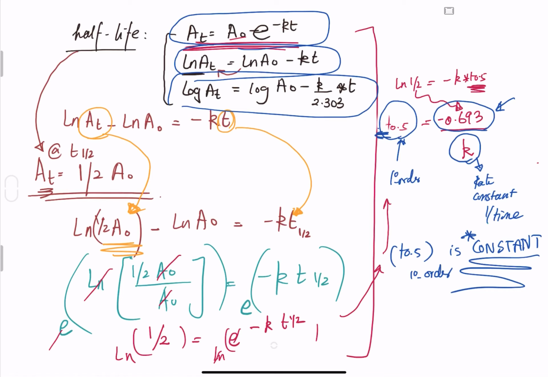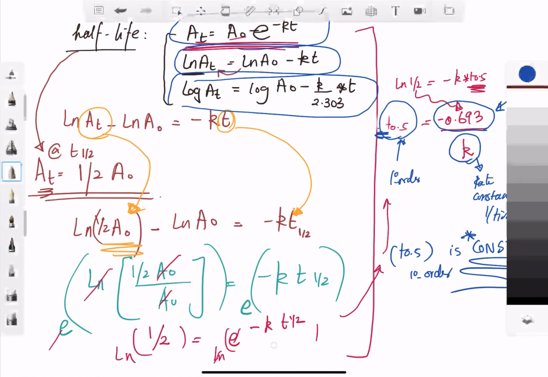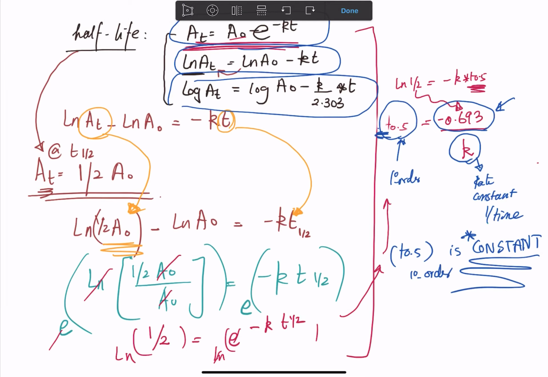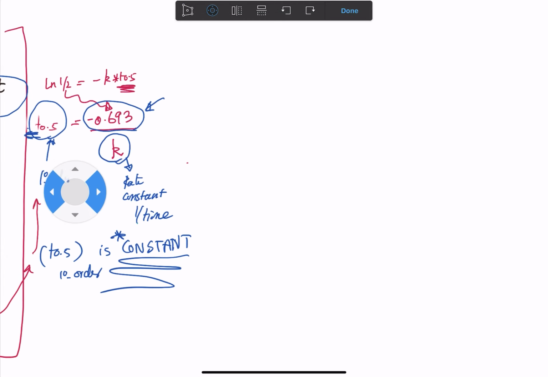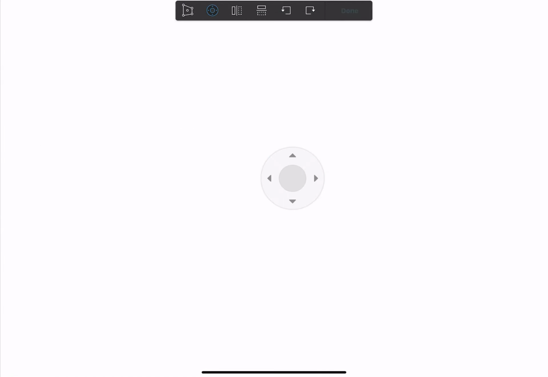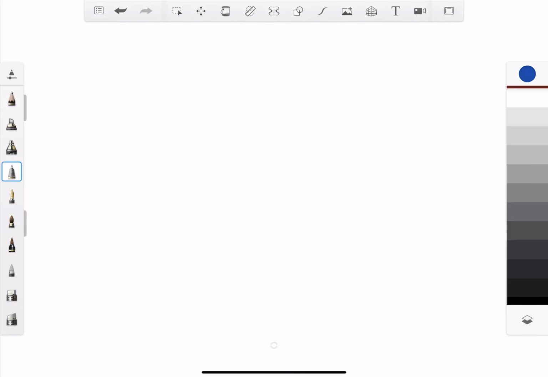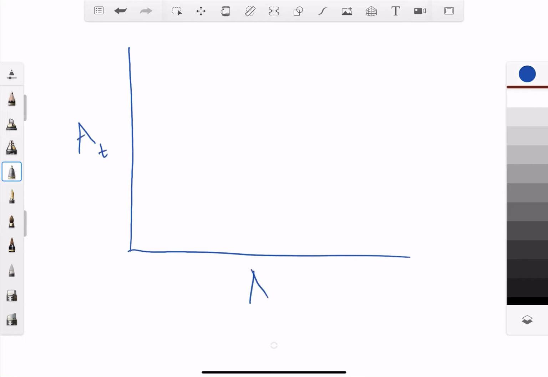So, which means if we are having, I will just draw the mono-exponential profile that we already have for a first order reaction, on rectilinear graph.